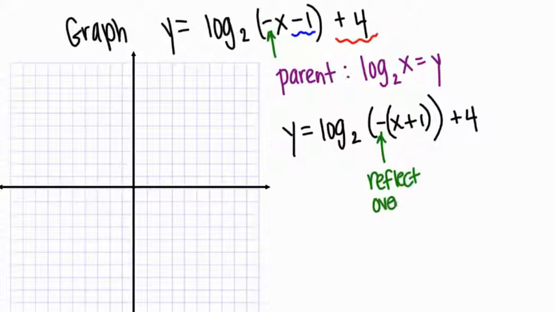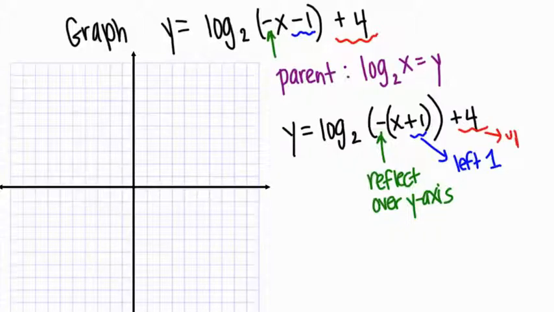So this is a reflect over the y-axis. The plus 1 is a shift left 1. And then plus 4 is up 4.